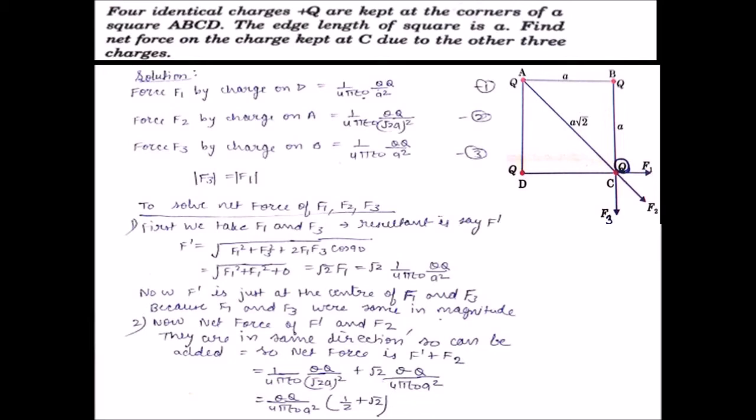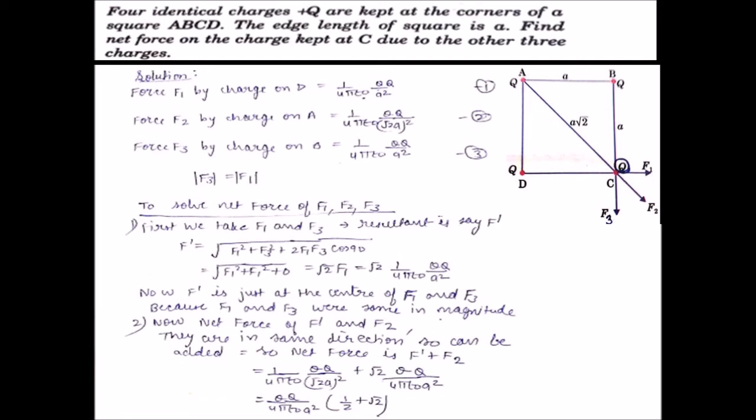Now we have to solve the resultant of these three forces, which we will do by first taking two forces together, solving the resultant, and then solving this resultant with the third remaining force to get the final resultant. First of all, F1 and F3 are equal in magnitude and at 90 degrees with each other. The resultant of F1 and F3 we will call F dash.